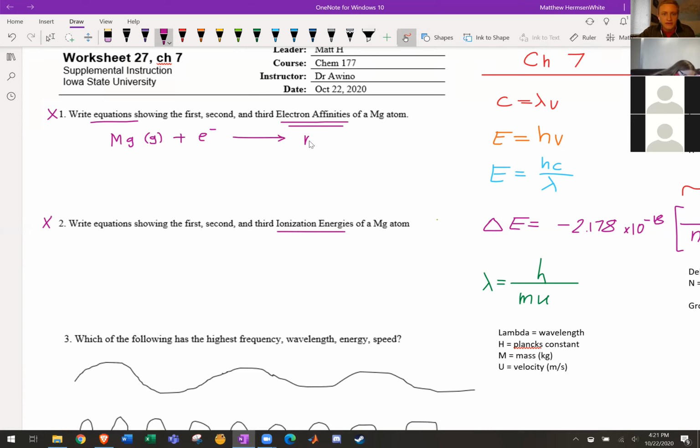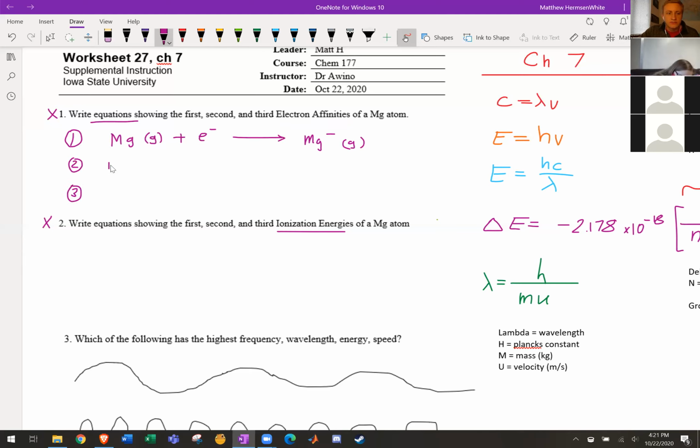This will become Mg minus as a gas. This would be the equation for the first electron affinity. So now that you see the form, we're just adding an electron and changing the charge. Try to do the second and third one.